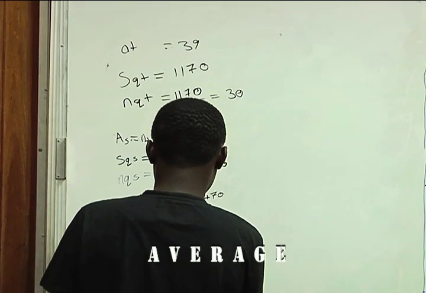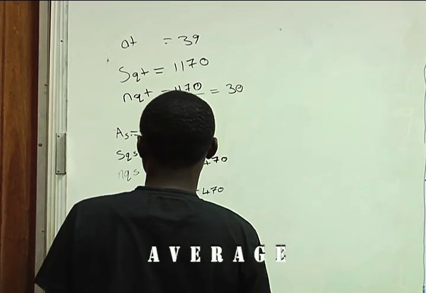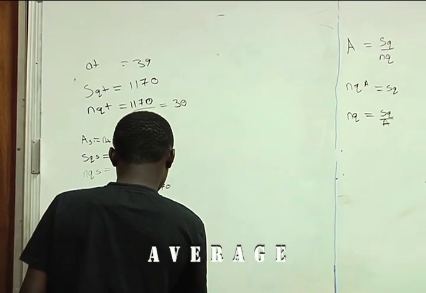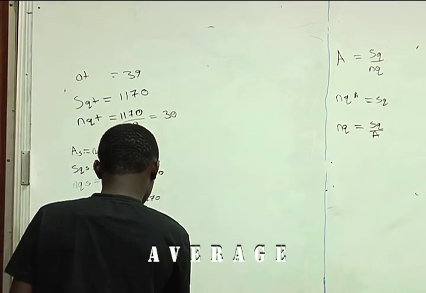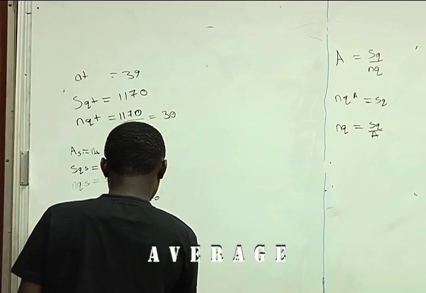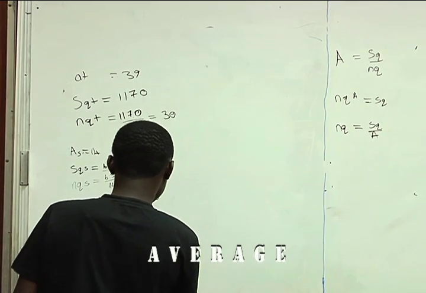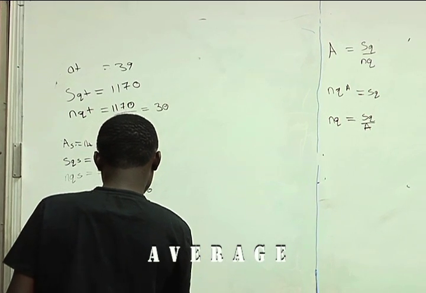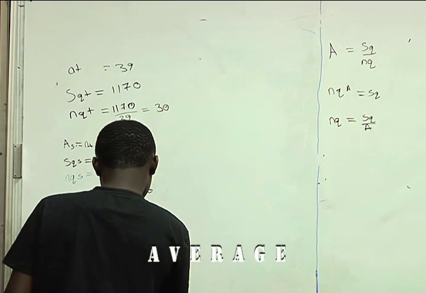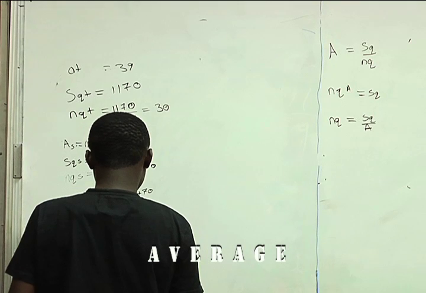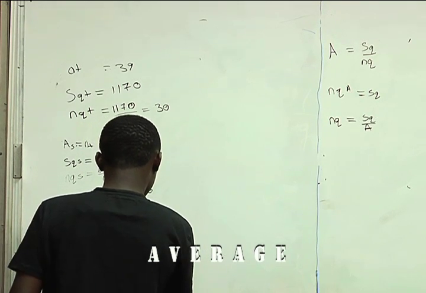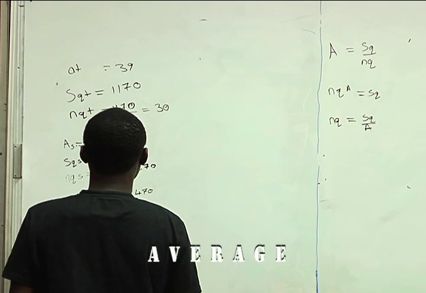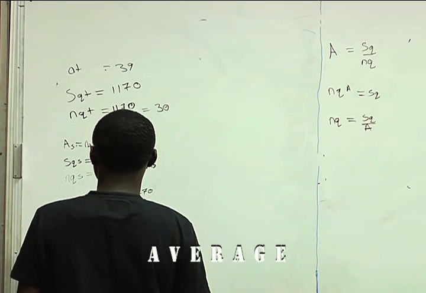What's SQP? 7750, write it down there, sir. Over NQP. What's NQP? That's 500. And then the answer will be 14. You understand better now? So explain it to me now.